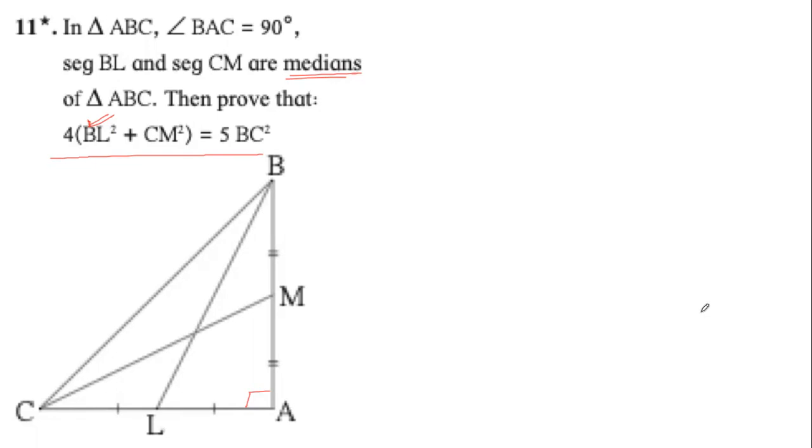Prachi is saying it is a median. That is given in the question. What else is special about this? Khadija is saying it's an altitude. Absolutely not. BL is not an altitude. It's not perpendicular to any side in this diagram. It is a median and that information is given in the question.